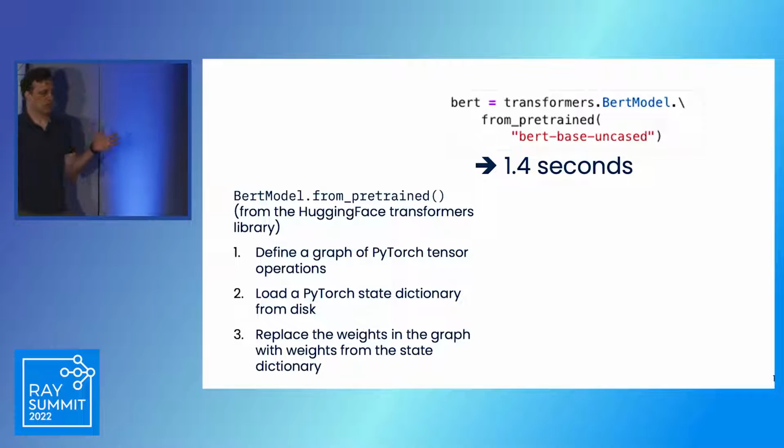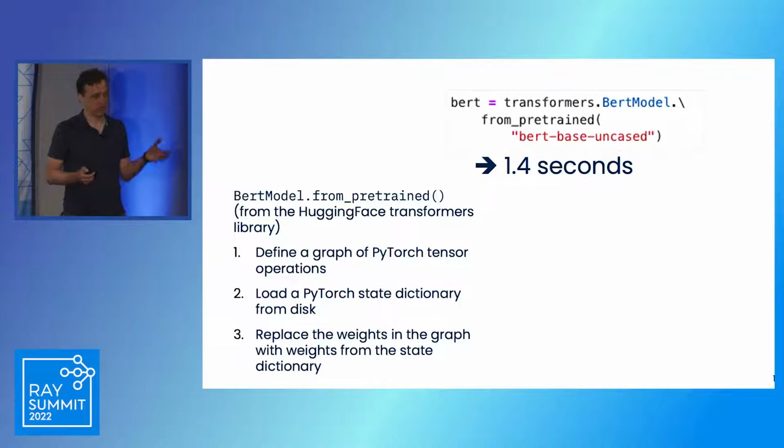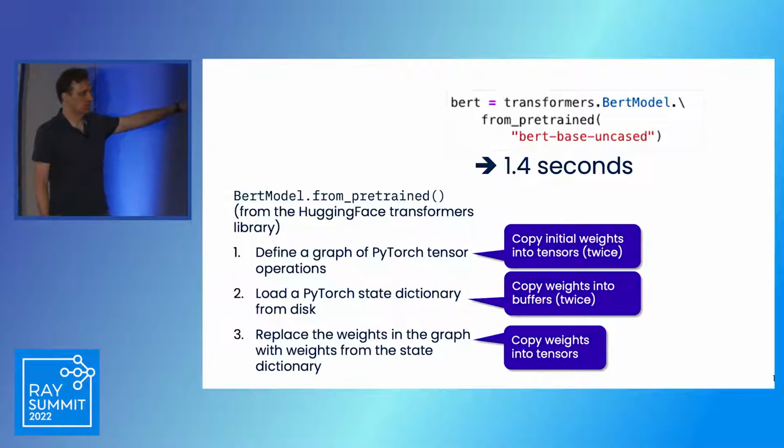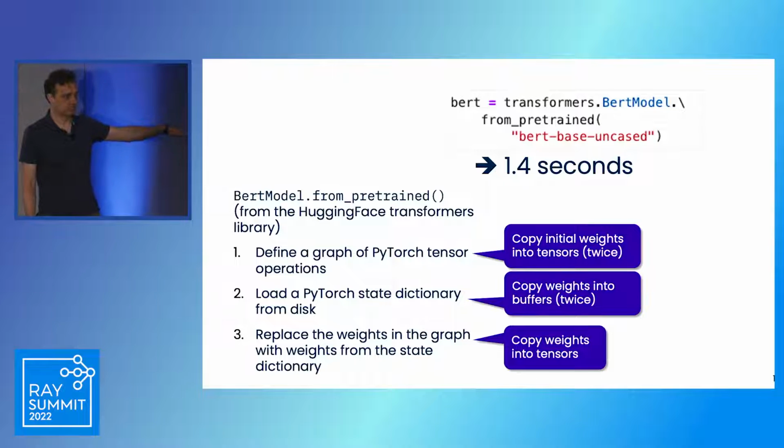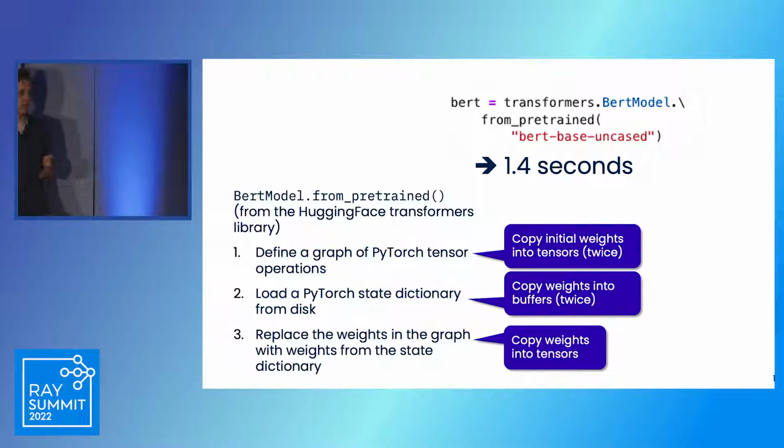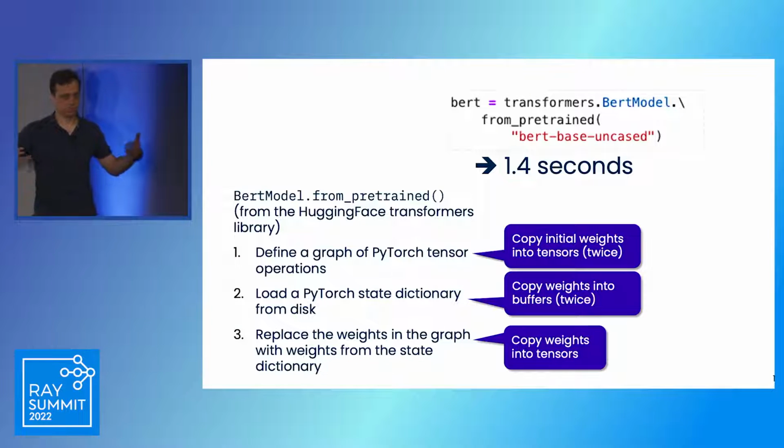And where that 1.4 seconds that encompasses these 3 steps is going is into all of the copy operations that are part of these 3 steps. Each of these steps is actually copying the weights of the model multiple times for the purpose of portability, so that we're using very narrow public APIs.